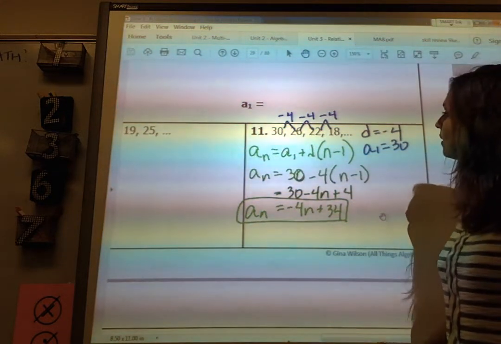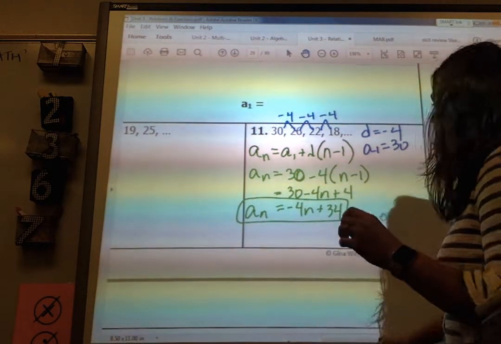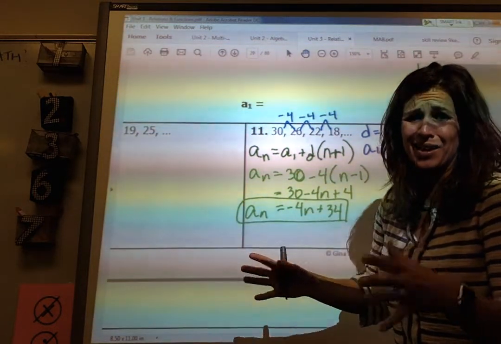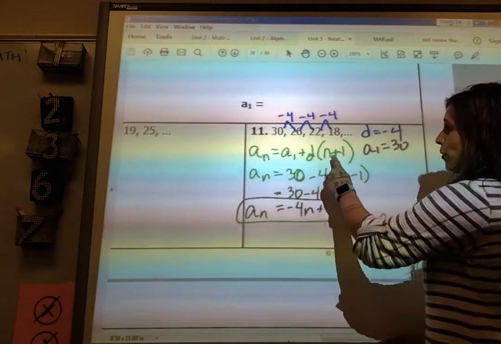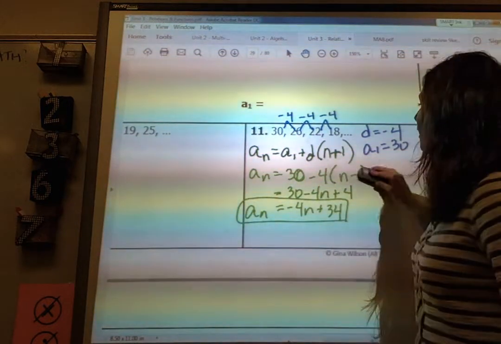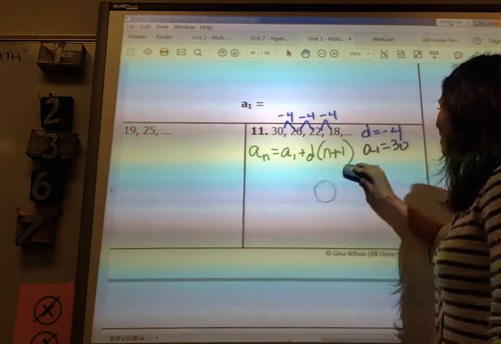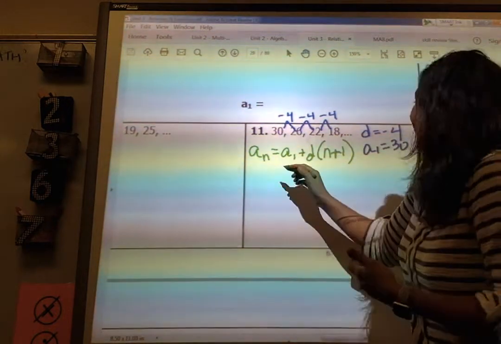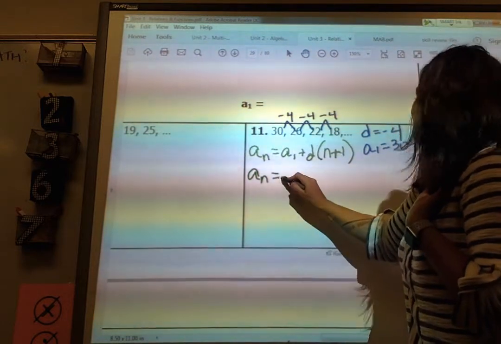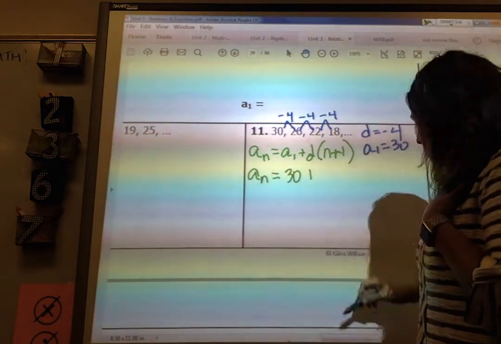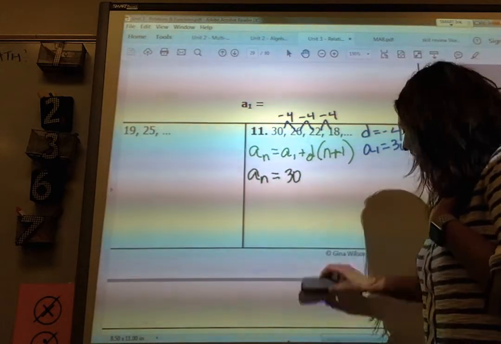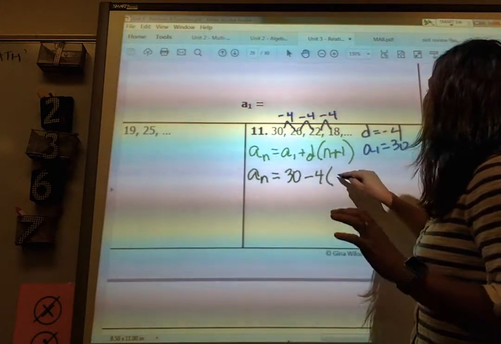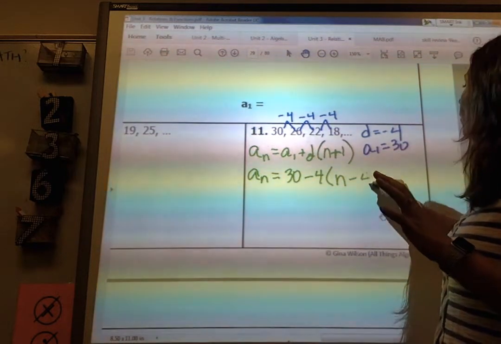Oh, you know what? Shoot. I lied to you about the formula, and I can't go back and edit this video, so I apologize, but I wrote down my formula wrong. It's n minus 1. So I can hear the groans, Rory. I can really hear Rory groaning now. Okay, so, sorry. An equals 30 minus 4 times n minus 1, okay?